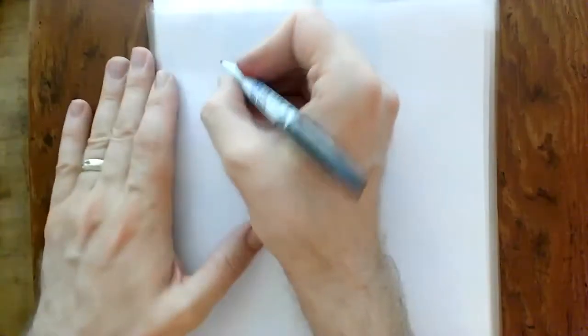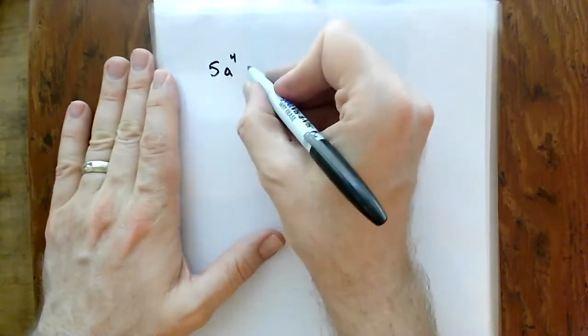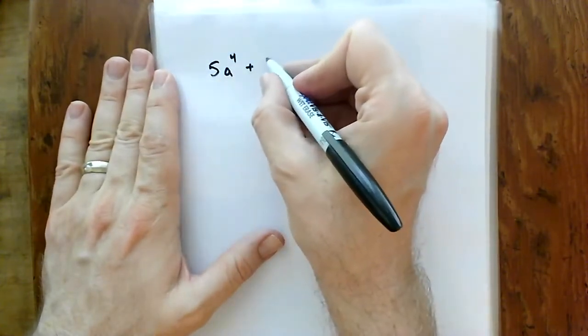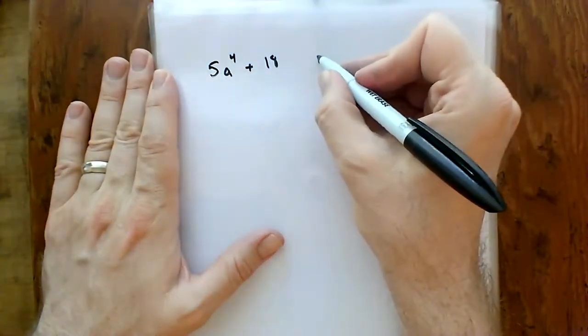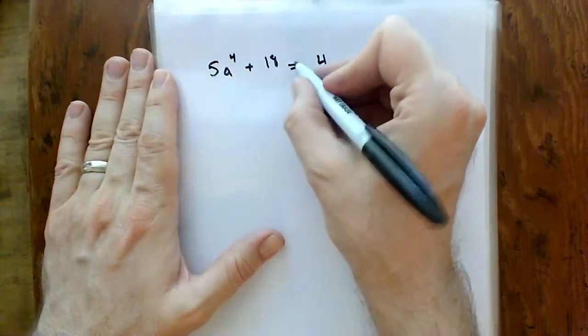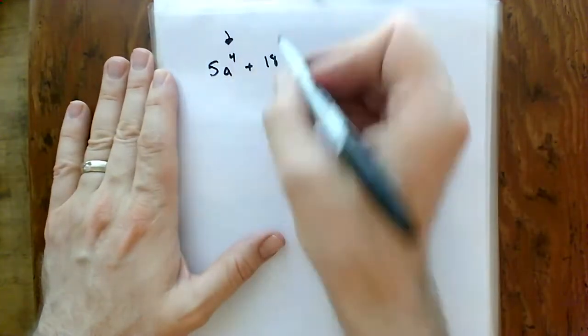So let's do a couple quick examples. Say I've got 5a to the 4th plus 18. Oh, this is a fourth. I look at that and I say, oh, got two terms. This right here is my highest power term.